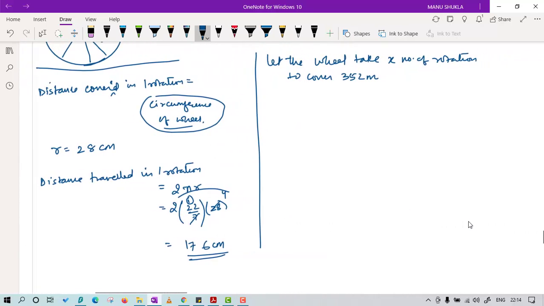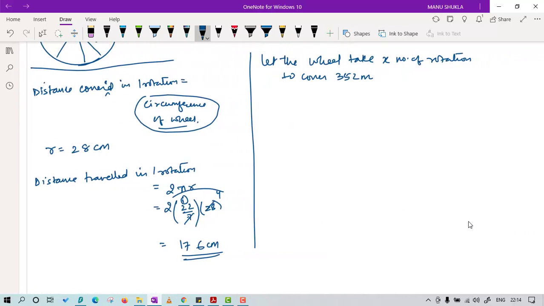Now this is a simple question of unitary method, but first we have to observe that this thing is in centimeter and this thing is in meters. So first convert this into centimeter. It is the same as 352 into 100 centimeter. This we have to find.